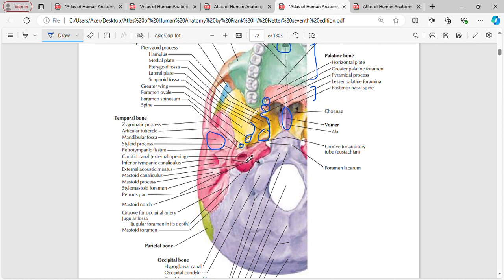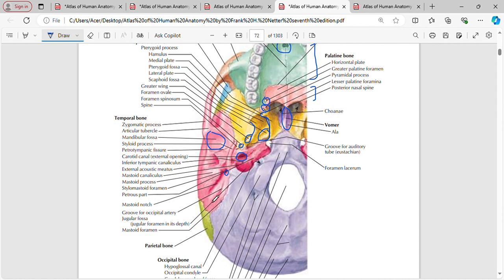Apart from that, this is the carotid canal, the external part of the carotid canal, and the carotid canal is going to allow the passage of the internal carotid artery and the internal carotid plexus as well, right? After that, you can see here is the presence of a mastoid notch, a very small one. This is the mastoid notch.